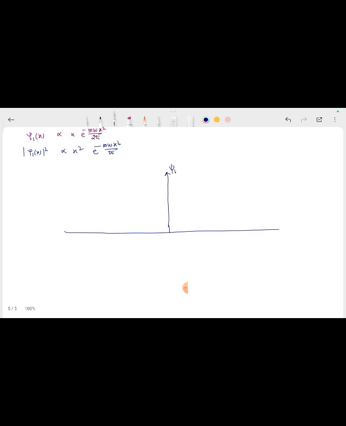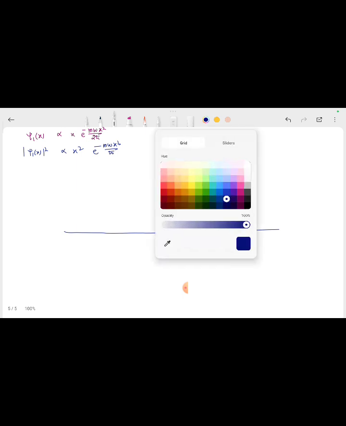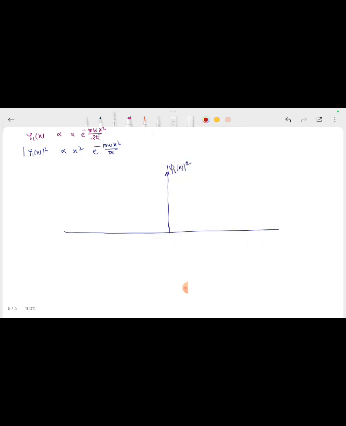So |psi 1(x)|^2: this is x equals 0, x equals root under h cut upon m omega, x equals plus infinity, x equals minus root under h cut upon m omega, and minus infinity, right?